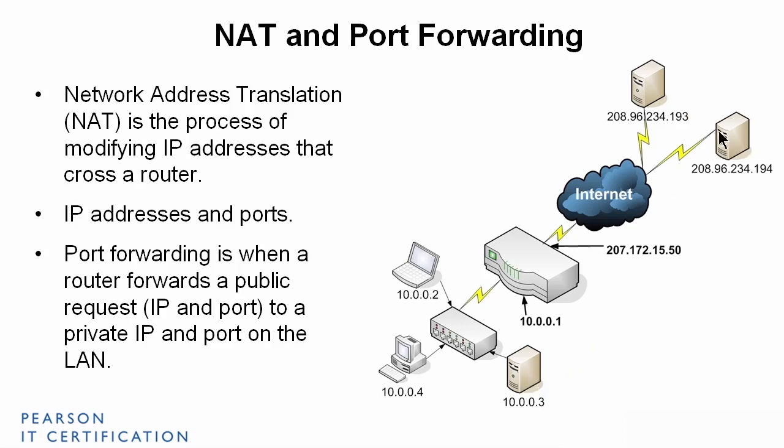If a person on the internet wanted to connect to that FTP server, what they would be told is to connect to 207.172.15.50, because that's the public facing IP address, :21, and then that router would see that request and forward that to this guy, 10.0.0.3, :21.